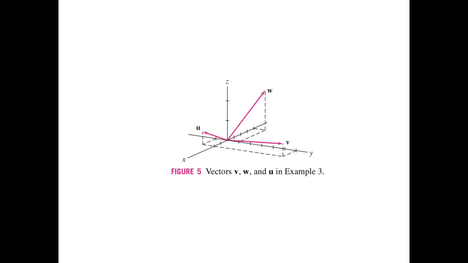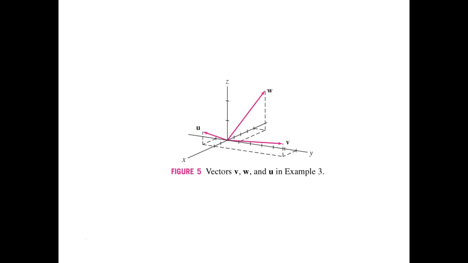Vector W here appears to be minus 4 in X, plus 1 in Y, and about plus 3 in Z. I can't say that for sure. It could be plus 2. It's hard to say, but you can look at the example.